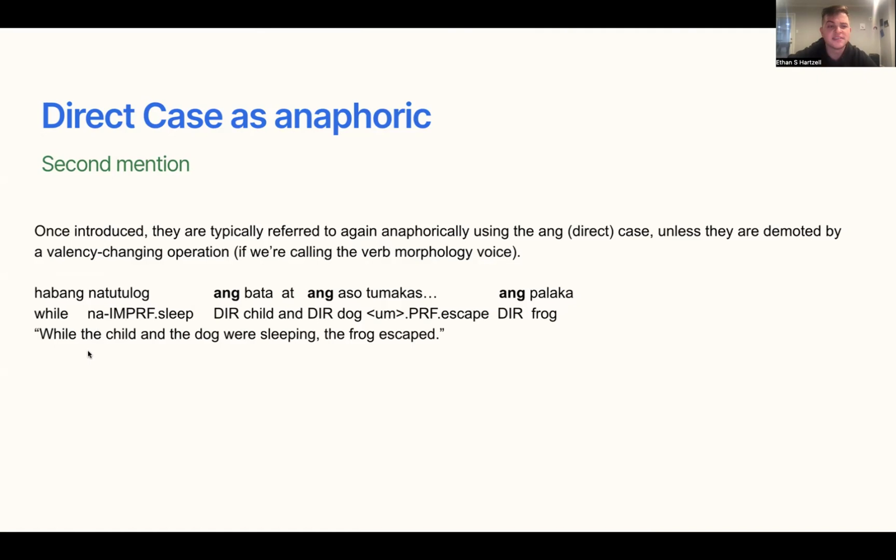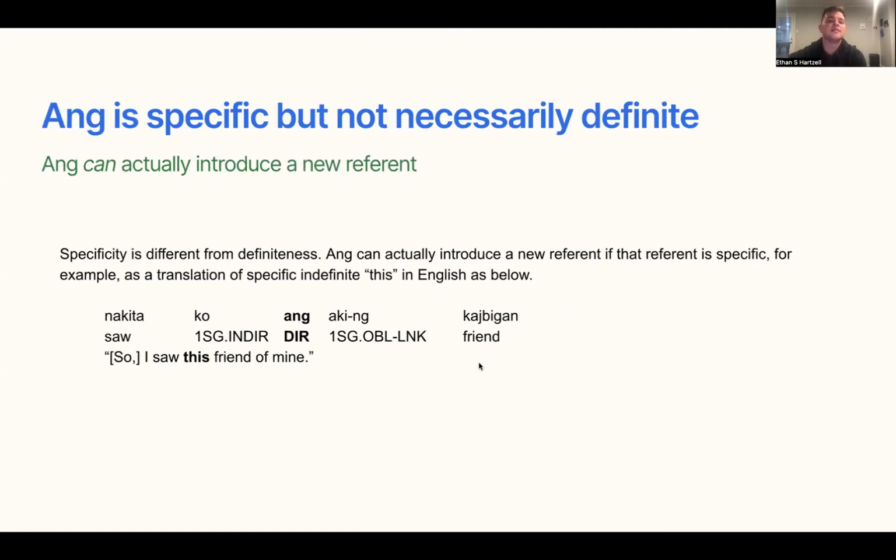And again, we're translating this as the in English, but I'm going to try to show you that it doesn't quite correspond to definiteness, at least how it's defined in English. So ang is specific, but not necessarily definite.